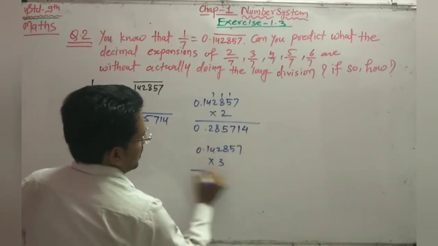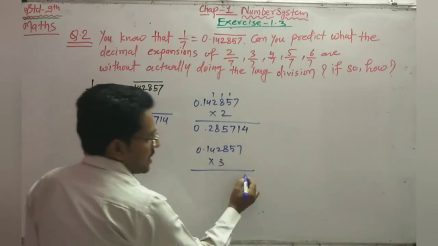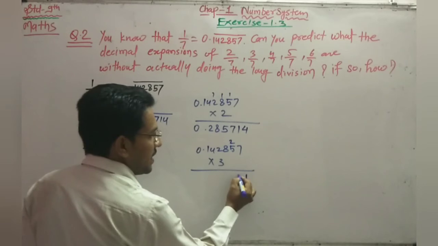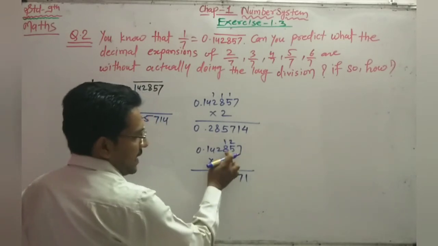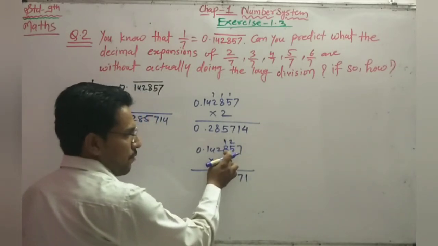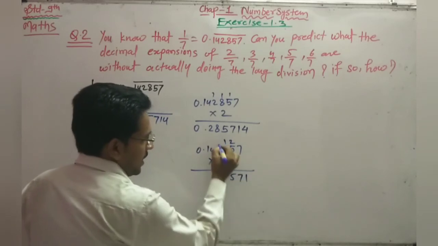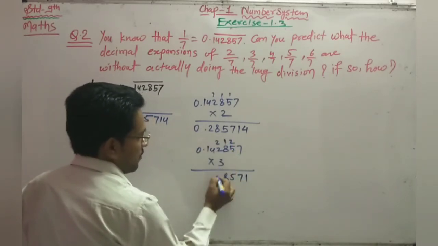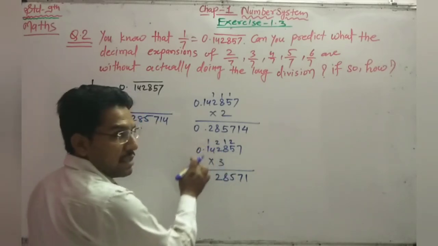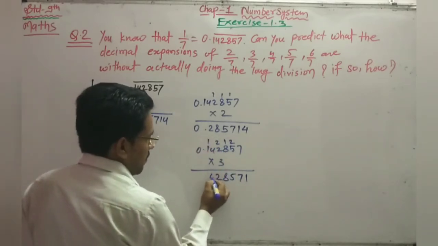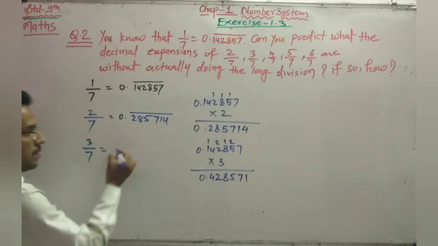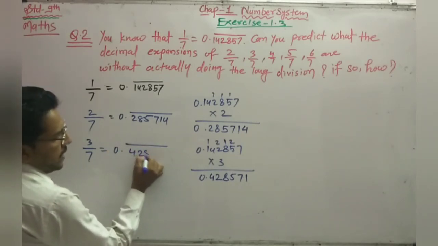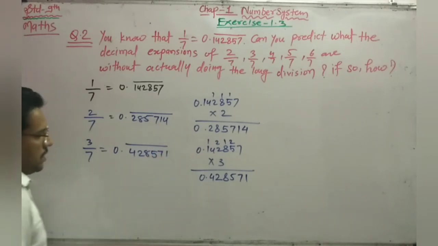Now for 3 upon 7, we just multiply 0.142857 with 3. 3 sevens are 21, carry 2, 3 fives are 15, 16, 17, carry 1, 3 eights are 24, 25, 3 twos are 6, 7, 8, 3 fours are 12, carry 1, 3 ones are 3, 3 and 1 is 4. Is that clear? So here the answer is 0.428571.